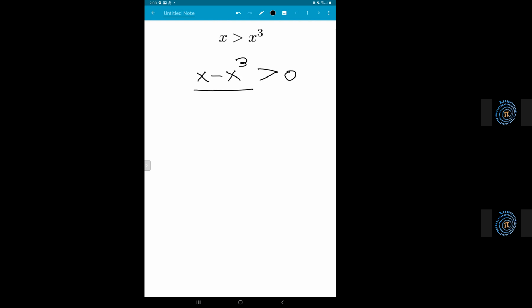Sometimes the expression might not yet be factored out. This one is not given in factored form, unlike the ones we've discussed in class. They were given already in factored form. And since this involves transposition first, you know that you eventually have to factor out the expression on the one side of the inequality.